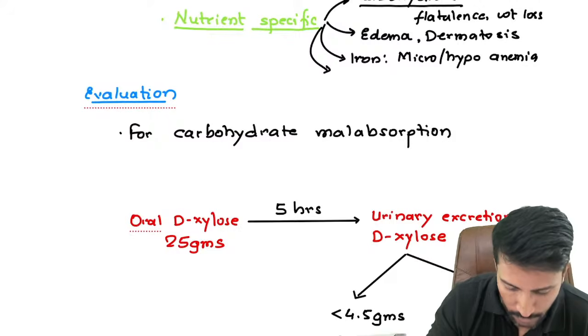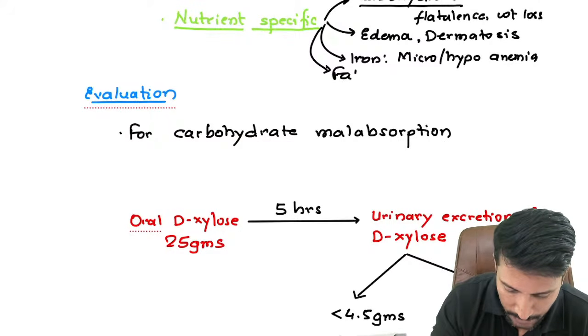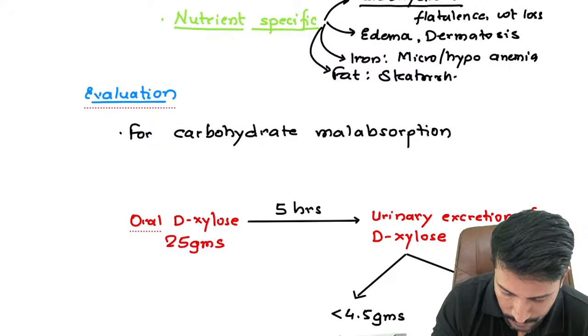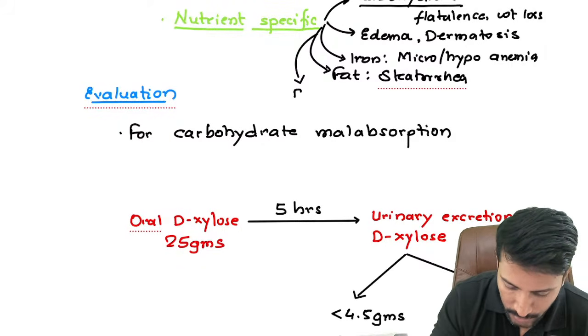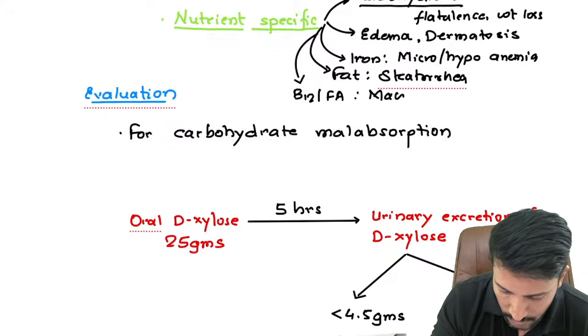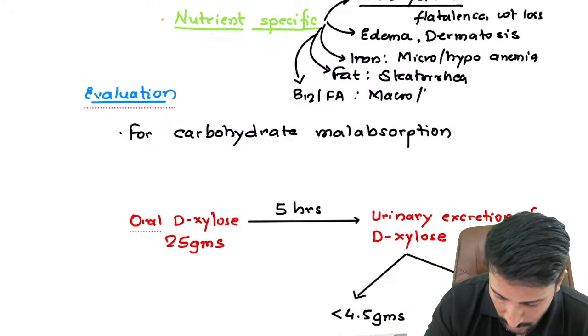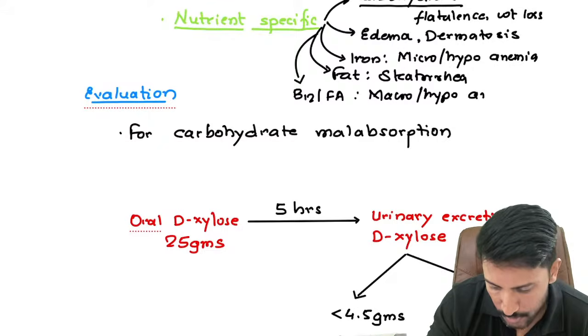If it is fat malabsorption, the patient will present with steatorrhea. If it is B12 or folic acid malabsorption, the patient will present with macrocytic anemia.